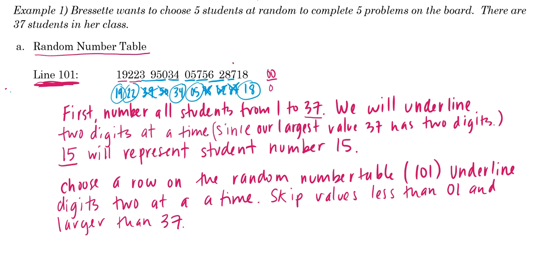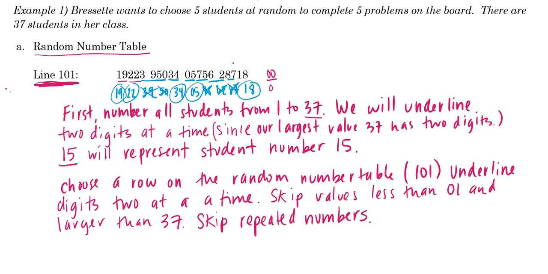So in this case, I want 5 students to complete 5 different problems on the board. So presumably, I would like those 5 students to be 5 different students. So if I get a repeated number, I'm going to, in this case, go ahead and skip it. So I'm going to mention that. That is very important. So I'm going to say skip repeated numbers.